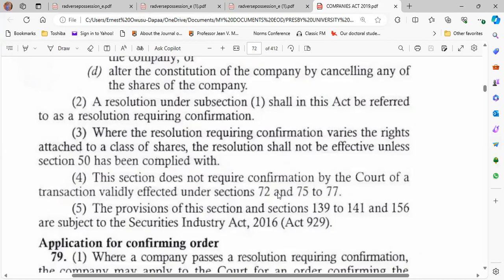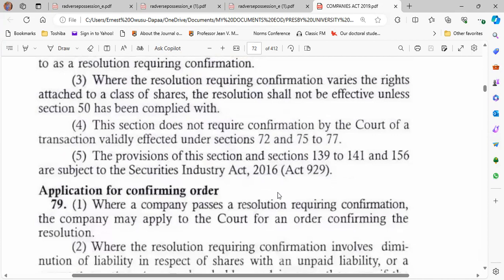And that is exactly the same point which is being reiterated with respect to 78(5), that the things which are stated here do not work in isolation, but they work in conjunction with the special rules under Act 929, especially so if, as I said, they pertain to a company which is under the regulatory jurisdiction of the Securities and Exchange Commission under the Securities Industry Act. So let's keep that in mind.